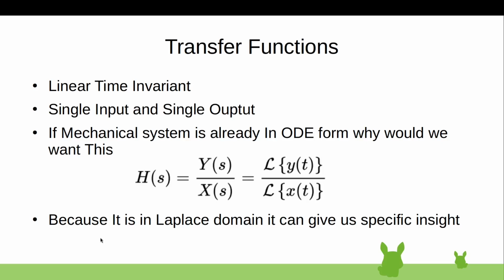In transfer function terms, what would our output be? It can be many things, but for us, let's say it's position. And pushing it is the force, which is the input. So let's take the Laplace transform of this ODE. We have F as a function of s equals m, which is just a constant, the mass, so we don't do anything with it, and then s squared times X as a function of s.